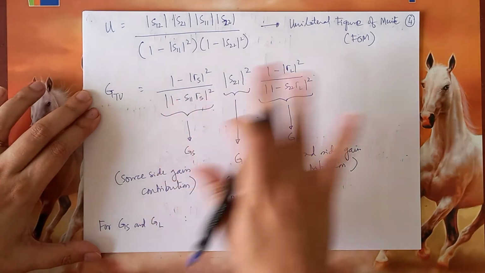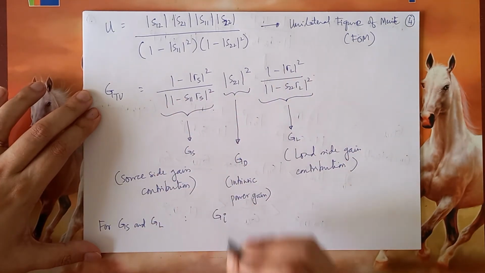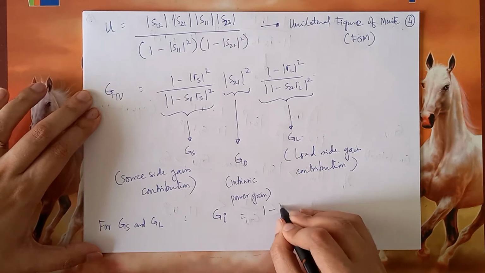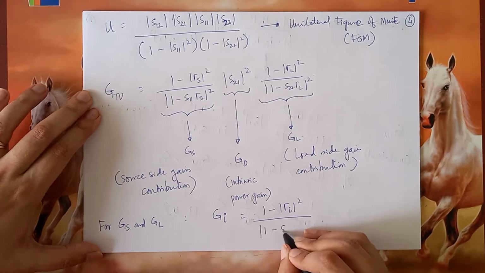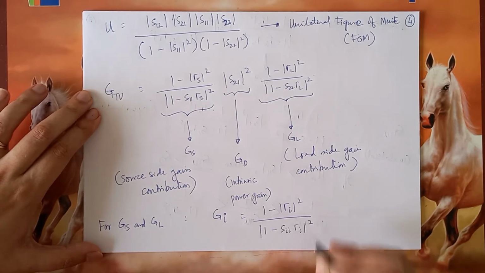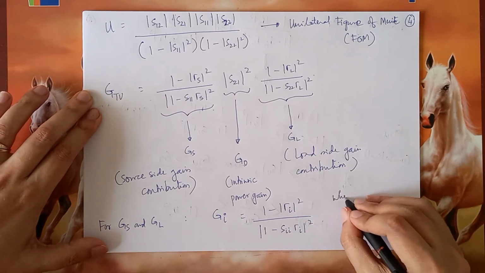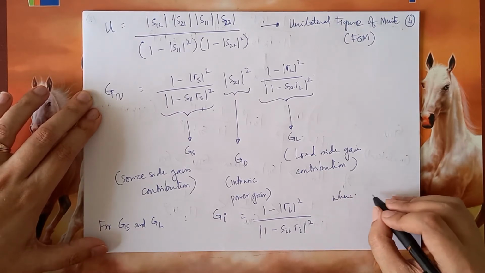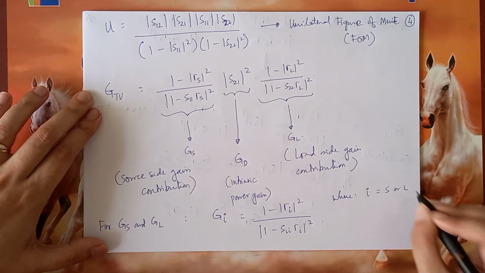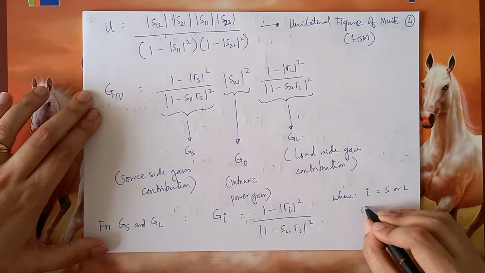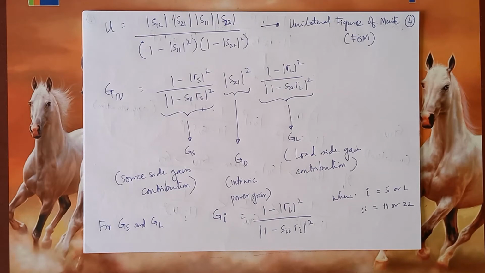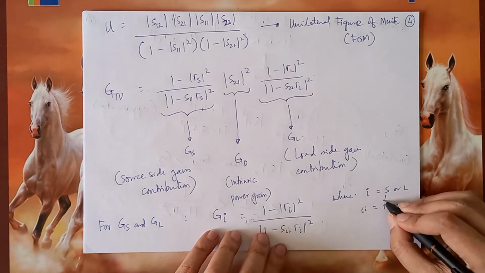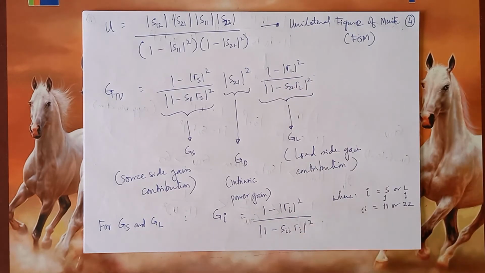We will define them as one generic expression, which we will call GI, that is 1 minus mod gamma I square divided by mod of 1 minus SII gamma I square, where a single I equals S or L, because source or load, and double I indicates 11 or 22. So for source, II is 11, for L, II is 22.